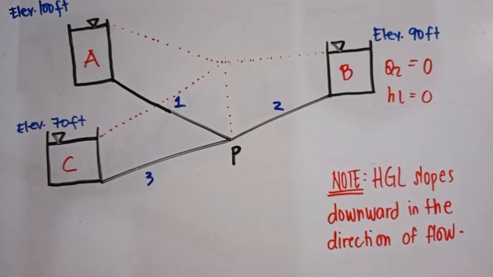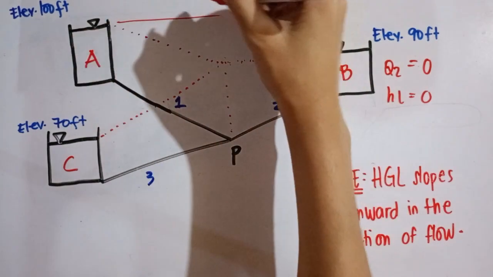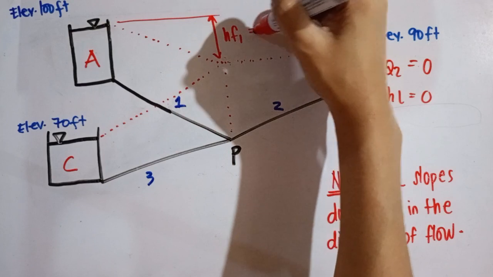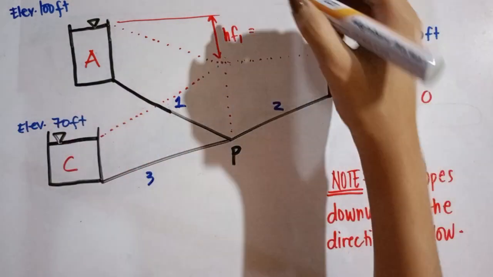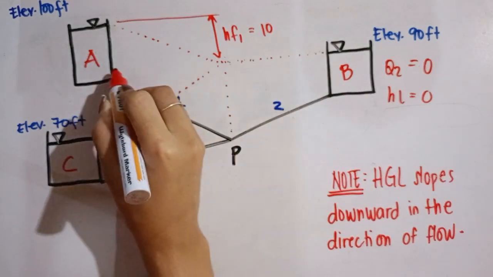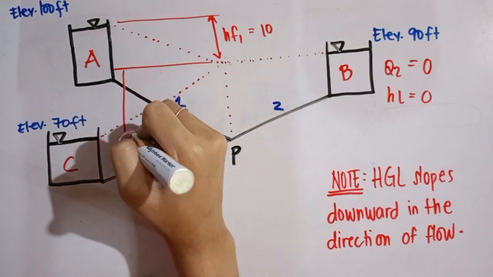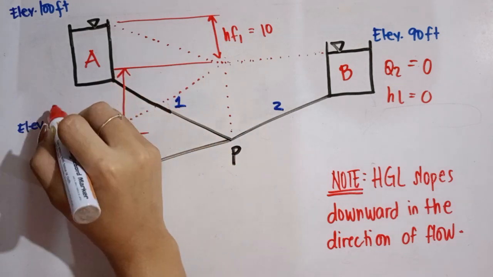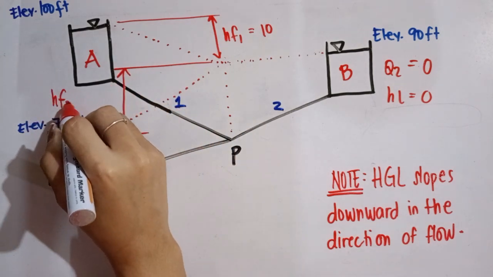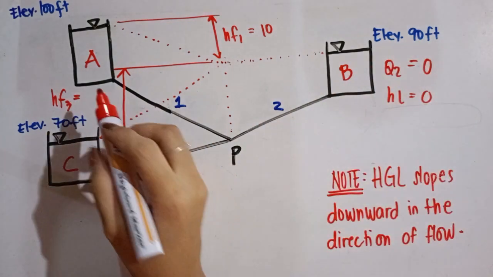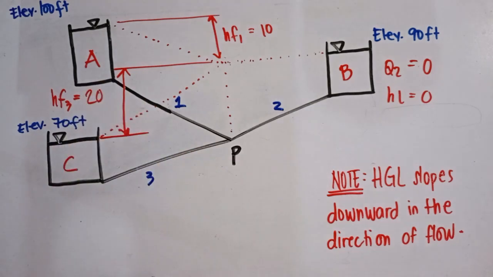Given the elevations, we can find our head loss. So here is HF1. That is going to be 100 minus 90, which is 10. Here, HF3, because HF2 is 0, is going to be 90 minus 70, which is 20.